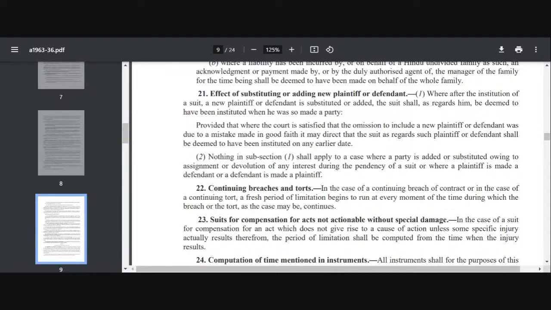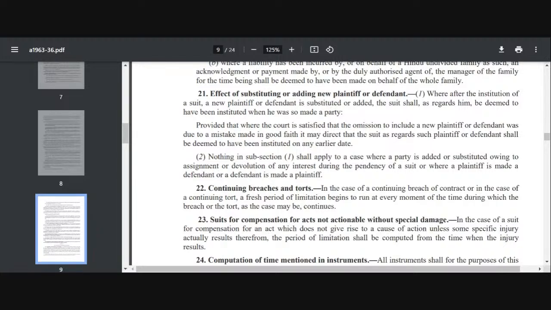So generally, on the date when he's made a party, we will deem कि आपका अभी से start होता है limitation period. But if the court is satisfied that the mistake is in good faith, then it can also direct that okay, earlier date se limitation period start kar do, right? This is what section 21 talks about.